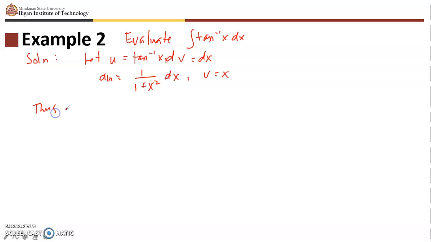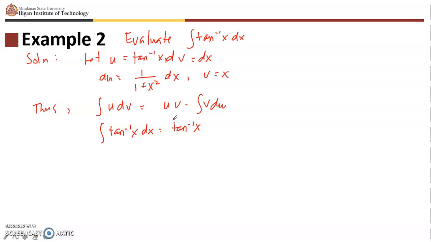Thus, making it our formula for integration by parts, that is the integral of u dv equals u times v minus integral of v du, granting that our u is tangent inverse of x and our dv is dx. That's equal to u. Our u this time is tangent inverse of x.